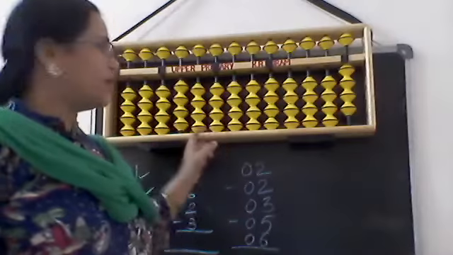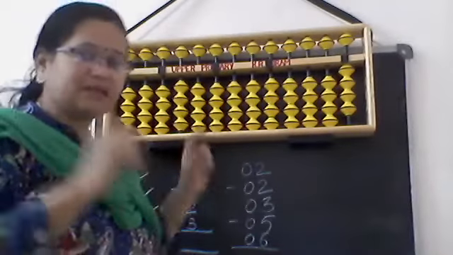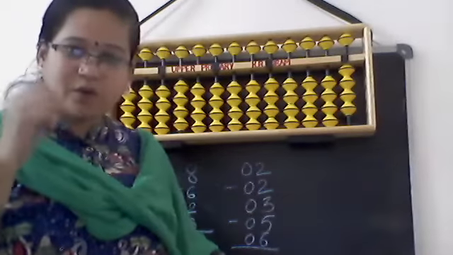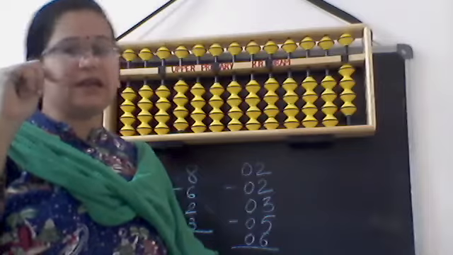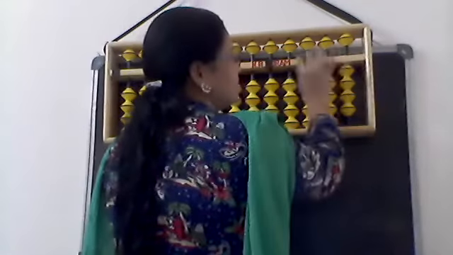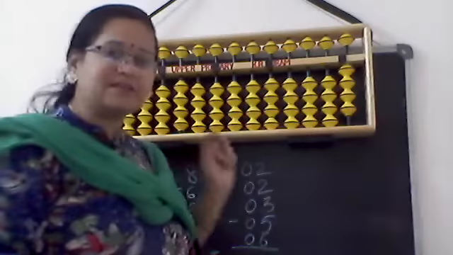So I'll be using my thumb and index. But on the smaller scale, you have to use it like this. Make sure the lower bits with the thumb, upper bits with the index. And once again, if you bring the bits towards the answer bar, it is addition. We are adding. If you move the bits away from the answer bar, it is subtraction.